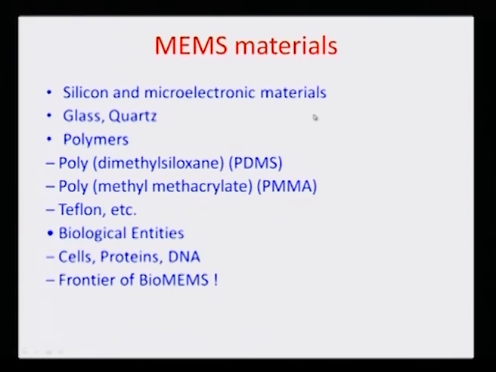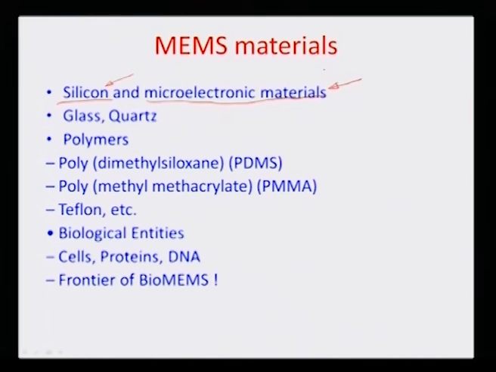Silicon, of course, is one of the principal materials used for microsystem fabrication, because as I mentioned earlier, the non-traditional processes on silicon are borrowed from the microelectronic industry, and therefore, being a microelectronic material, the fallout processes which comprise MEMS processes are amenable to fabrication of silicon.